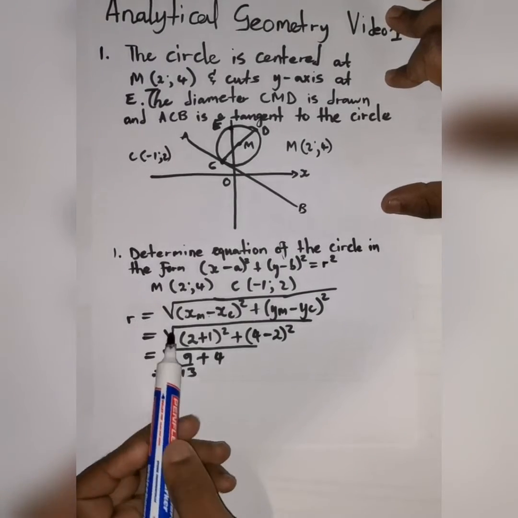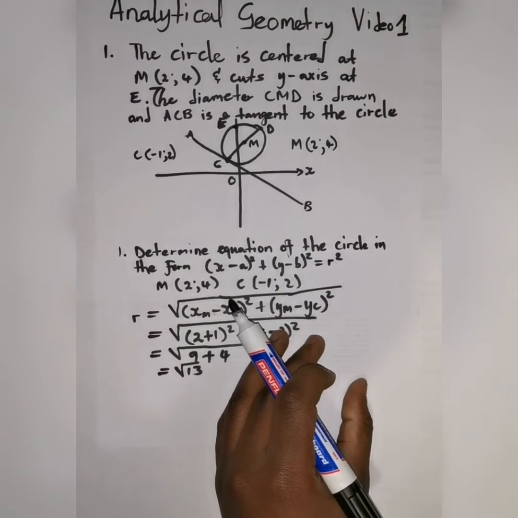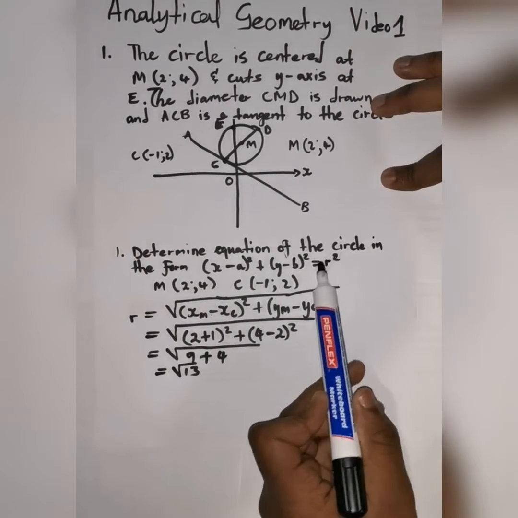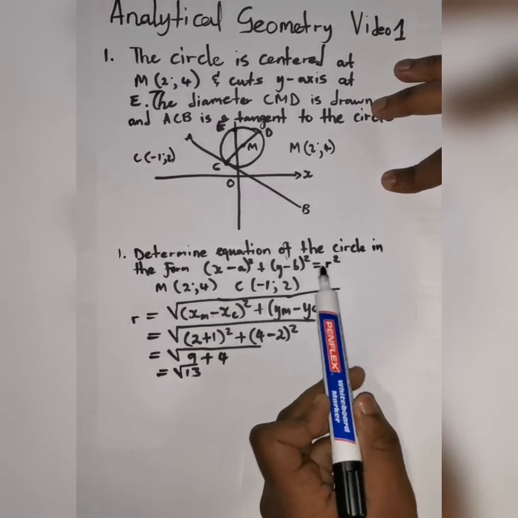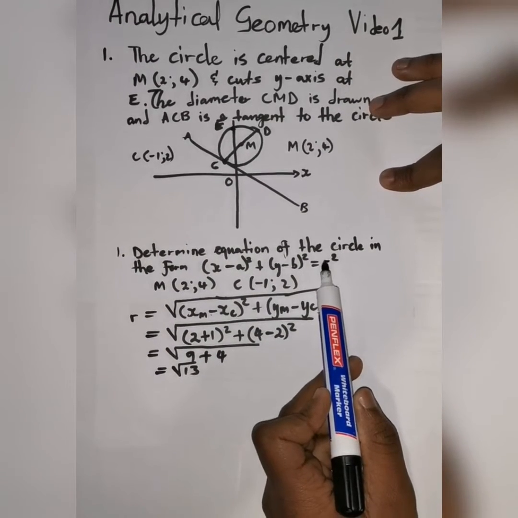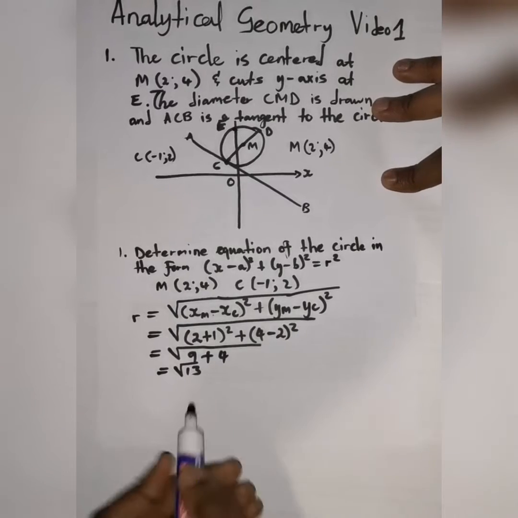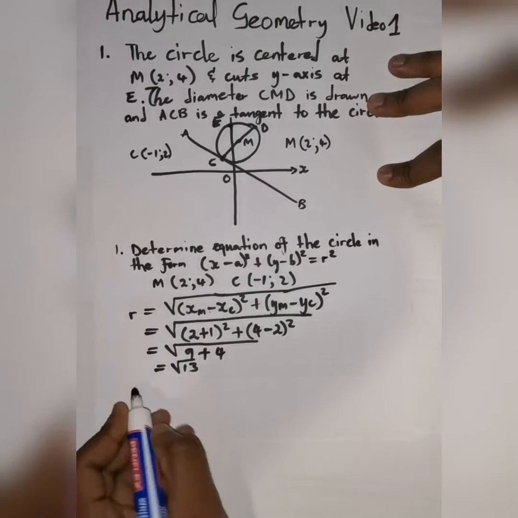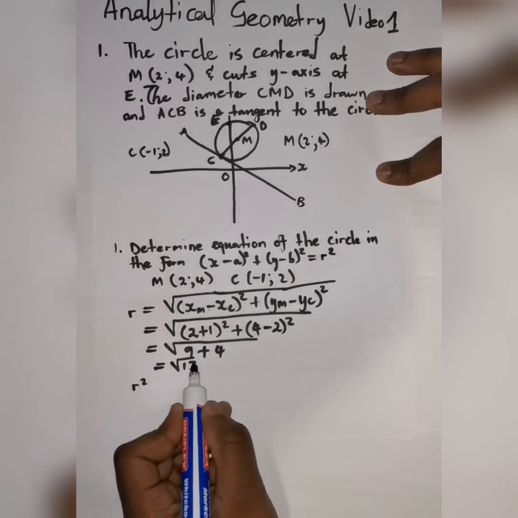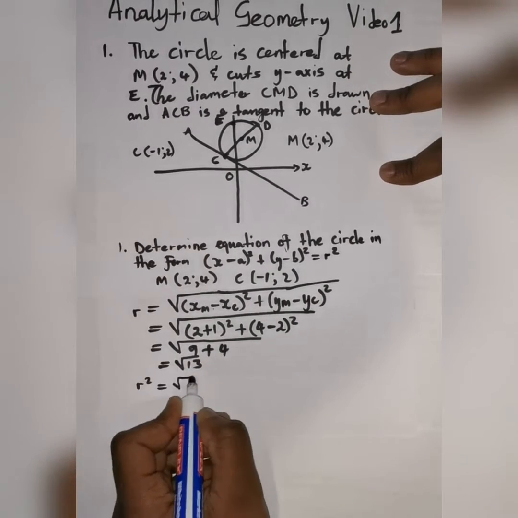So we have calculated the radius, but as you can see in the given standard form of the equation of a circle, it's written as R squared. So R squared will be the square of this. If you square it, you put it to the power of 2.